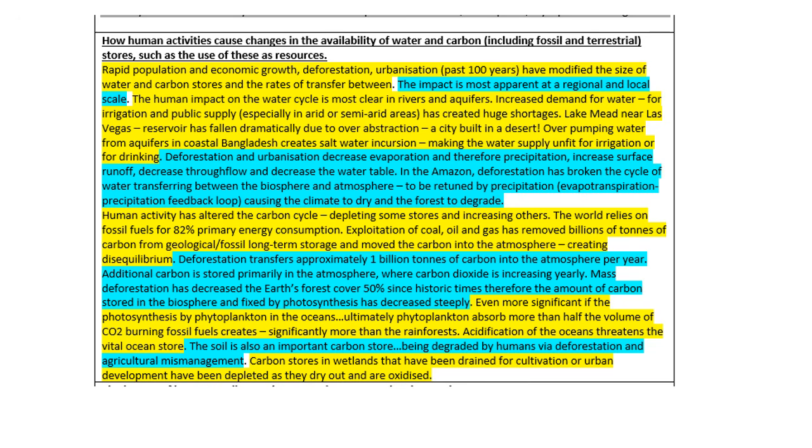And acidification of the oceans threatens the ocean store. Soil is also an important carbon store, and it's being degraded by humans through deforestation and agricultural mismanagement. And the carbon stored in wetlands is also impacted because we're draining the wetlands because they don't particularly look nice and we want to use the land for other things.